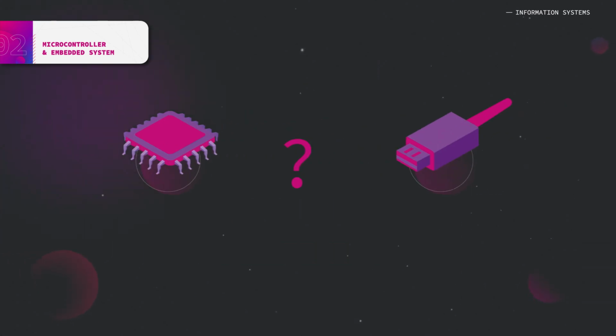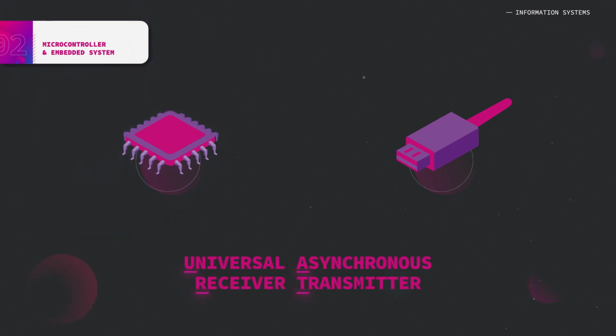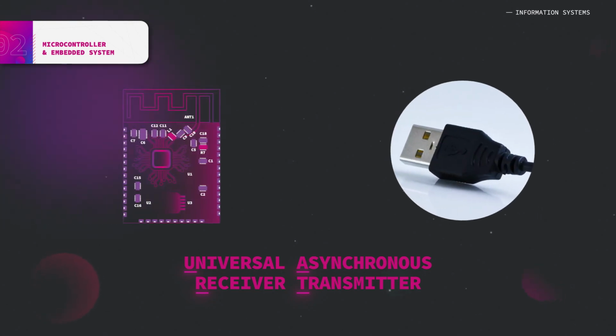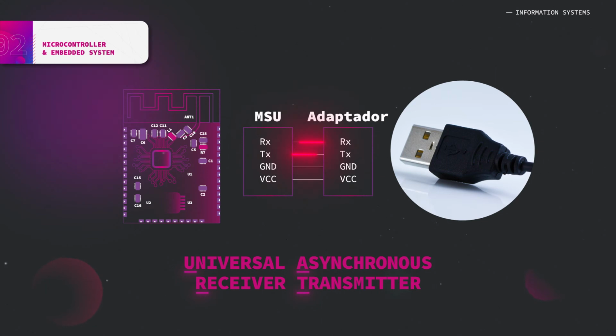What about programming? Although microcontrollers are quite versatile as they can be programmed, how is it done? There is one way to program a microcontroller, using the Universal Asynchronous Receiver-Transmitter protocol that is natively interpreted by microcontrollers. It requires a USB adapter plugged on a specific pin of the microcontroller.